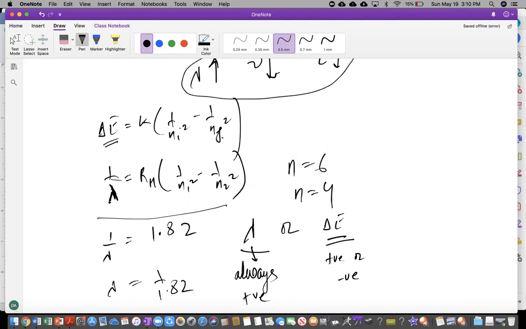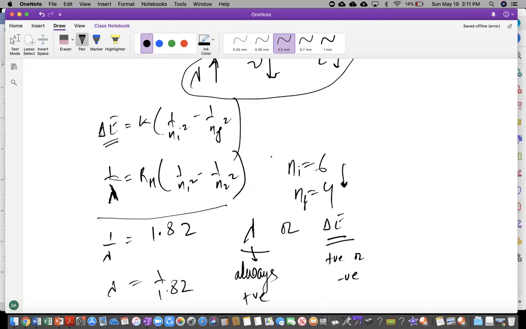Your calculator will tell you. But don't forget that this is initial and this is final. If I'm going from n equals 6 to n equals 4, what is initial and what is final? 6 is initial and 4 is final. So this is going to be my Ni, and this is going to be my Nf.